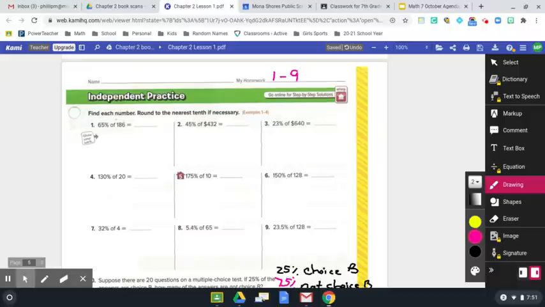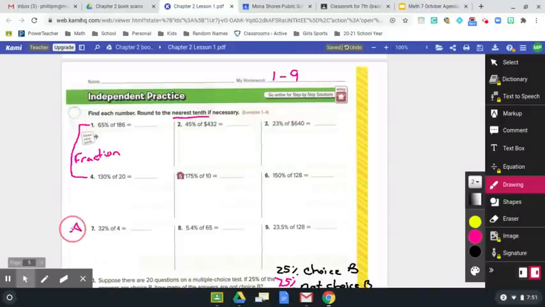But notice it says find each number, round to the nearest 10th if necessary. Nearest 10th if necessary. And I think you know what, let's vary this up a little bit. So I want you to practice both methods. How about you take this row and this row, and I want you to practice the fraction form of it, okay?